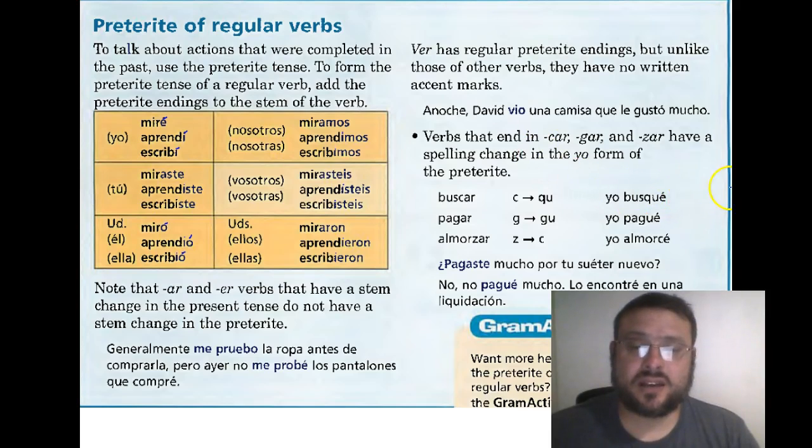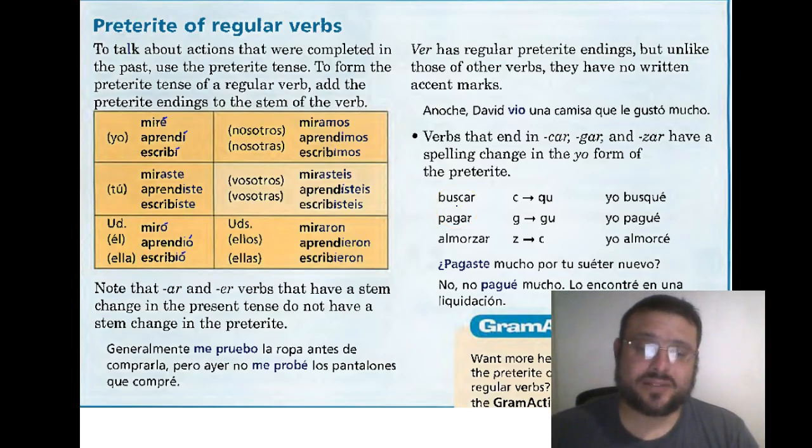Verbs that end in CAR, GAR, ZAR have a spelling change in the yo form of the preterite. Now these are only to preserve the sound that is made by the letter that goes before the vowel, because with the preterite you have an E there or an I, and the pronunciation of the letter changes. You know that C, when followed by an E or I, in Spanish is pronounced like an S, but when it's followed by a U, an A, or an O, it's going to have a K sound.